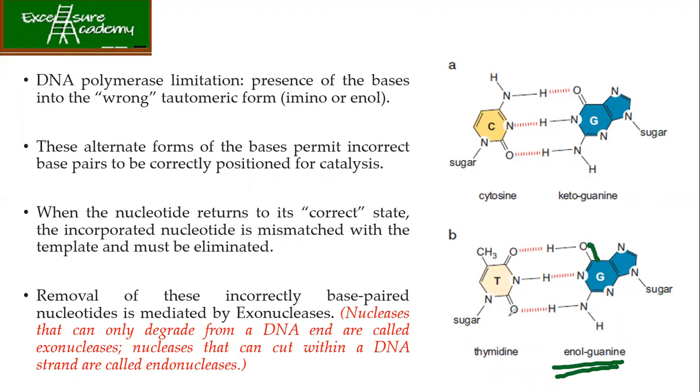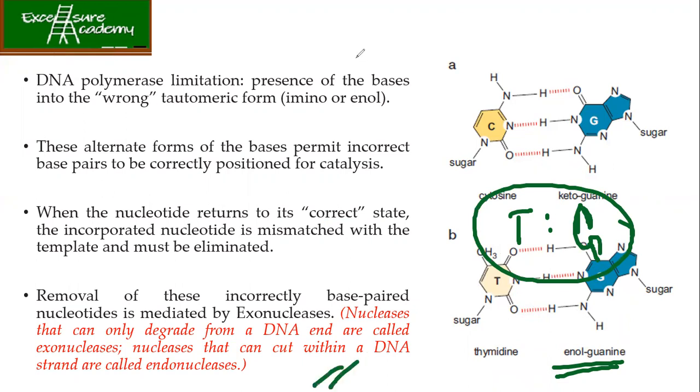So what happens? Now we have the base pairing between the T and G. So this becomes a mismatch. Now this is removed with the help of the exonuclease activity. These exonucleases are responsible for clearing this mismatch. So removal of these incorrectly base paired nucleotides is mediated by the exonuclease.